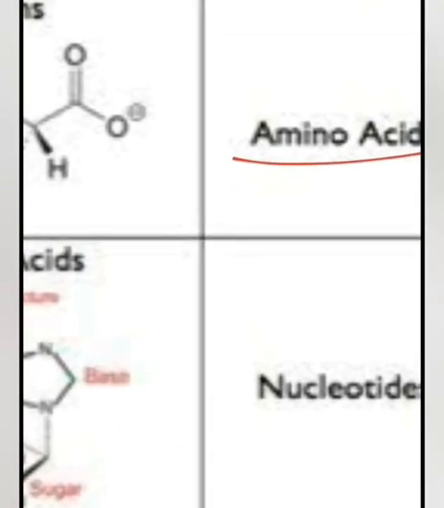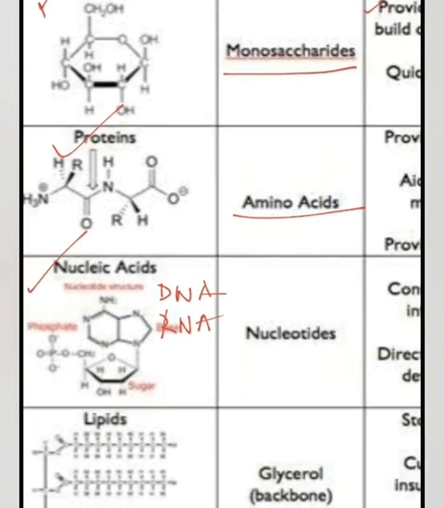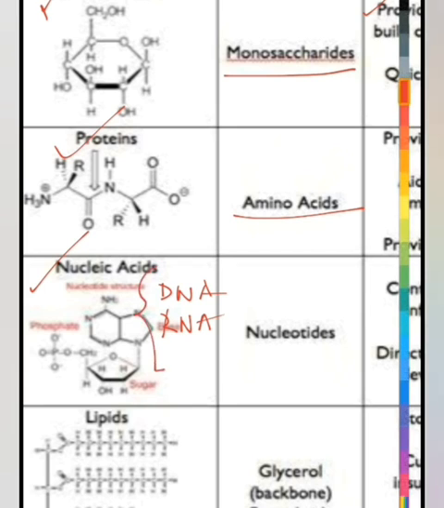There are two types of nucleic acids, DNA and RNA, so both together are known as nucleic acids, and the monomers of these nucleic acids are separate for DNA and RNA. For DNA it is deoxyribonucleotides. Both are nucleotides, but especially for DNA these are deoxyribonucleotides, and for RNA these are ribonucleotides.